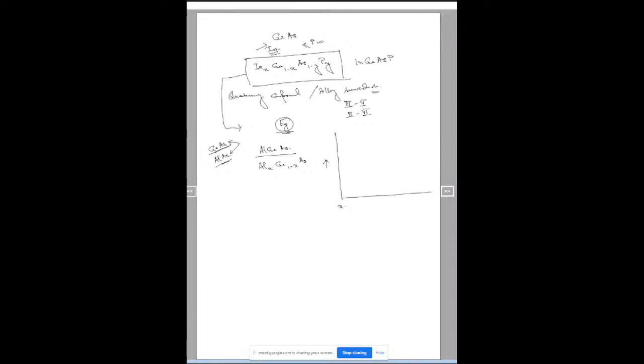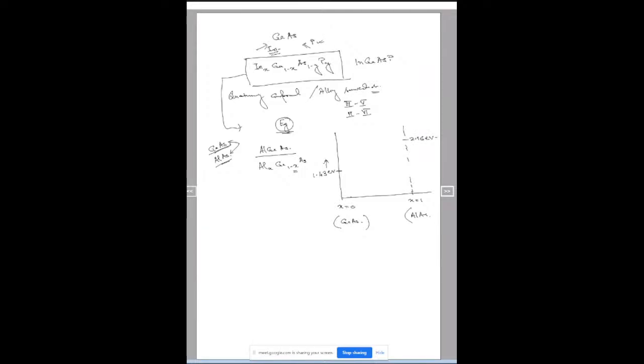So this is X equal to 0, and this is X equal to 1. When X is equal to 0, it becomes gallium arsenide, and when X is equal to 1, it is aluminium arsenide. Its band gap here is 1.43 electron volt, and here it is 2.16 electron volt.